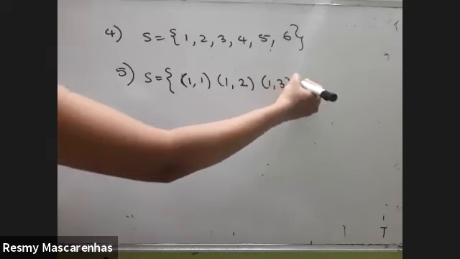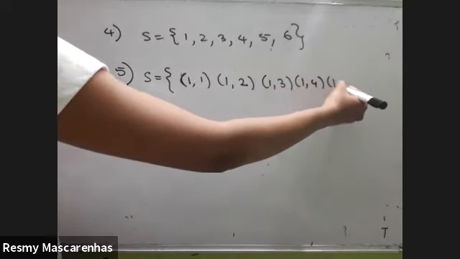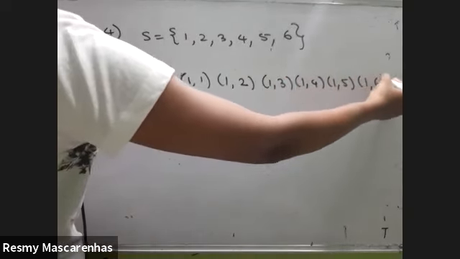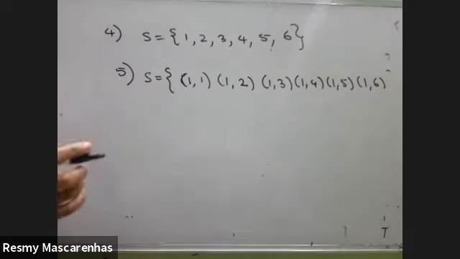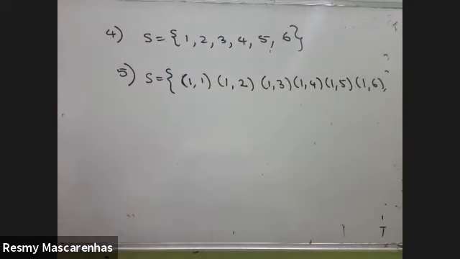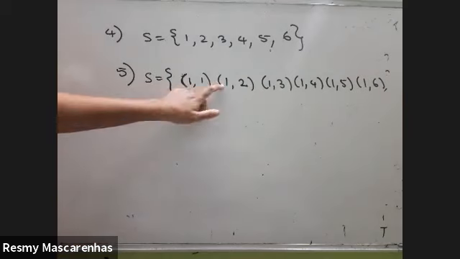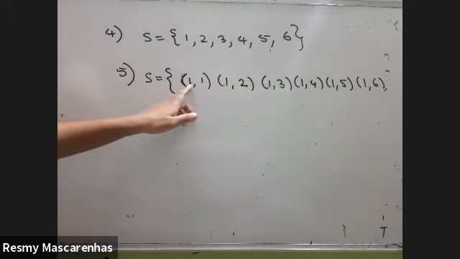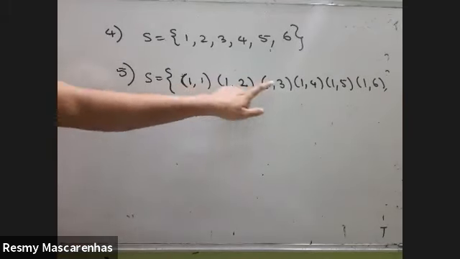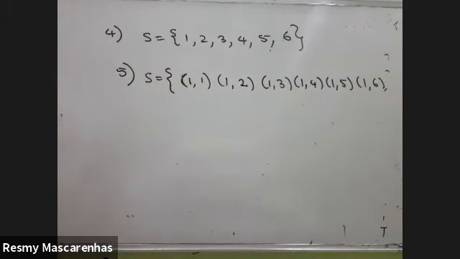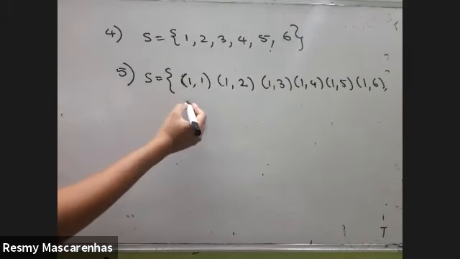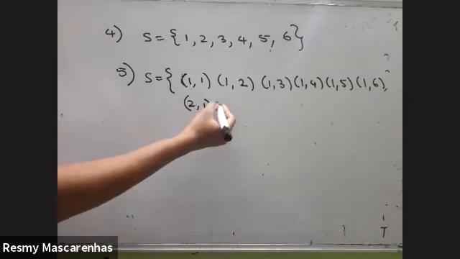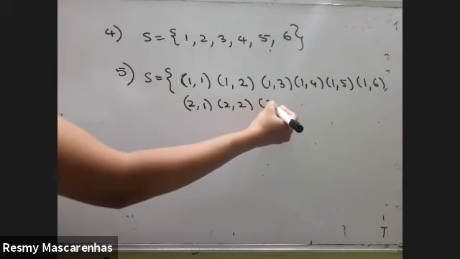So 1, 3, it could have 1, 5. Don't stop because it's still not over, because this is only with one layer. So keep this one fixed, try all the different numbers. Then what if the first die is showing 2? So it could have 2, 1, 2, 2, 2, 3.